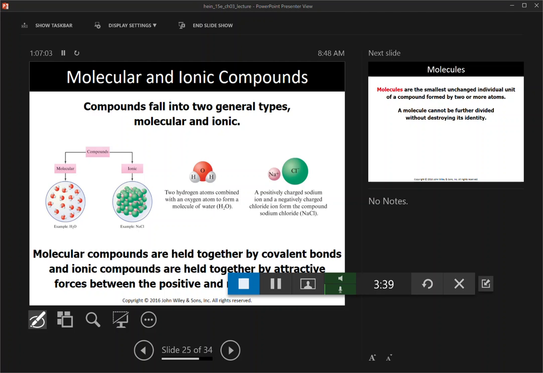But for ionic compounds, which are composed of a metal and a nonmetal, we're dealing with charged species. Charged species are called ions. The attractive forces between the positively charged species and negatively charged species are ionic forces, which are very strong forces.